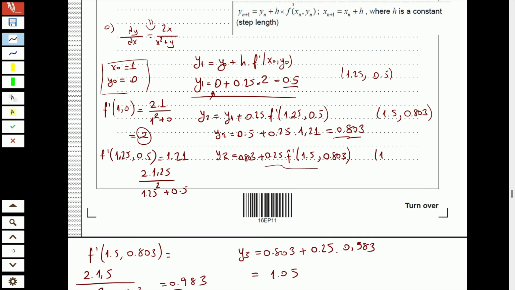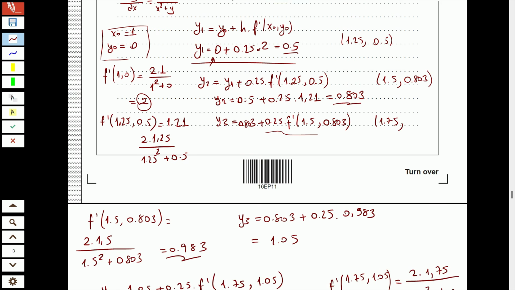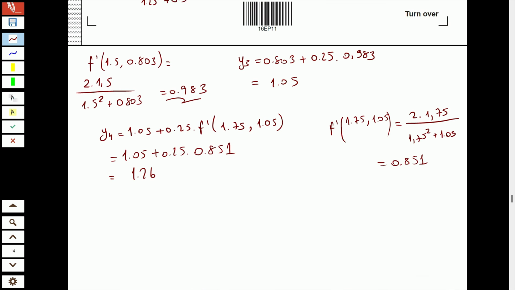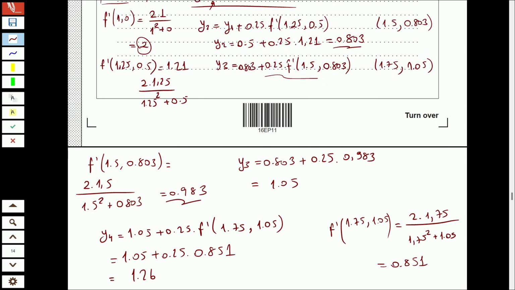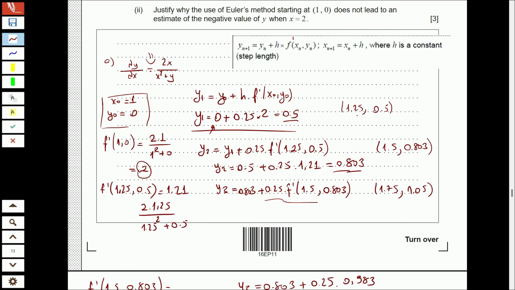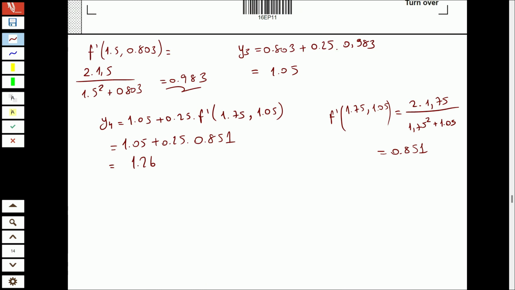As the x value is 1.75, the third y value is 1.05, and for the last one, when the value of x is 2, the y value is 1.26. So from here you can say x equals 2, y value equals 1.26.